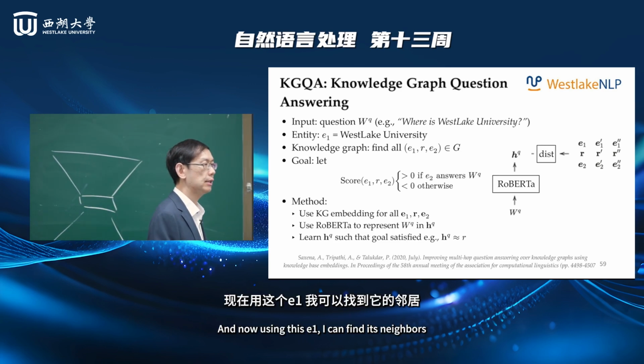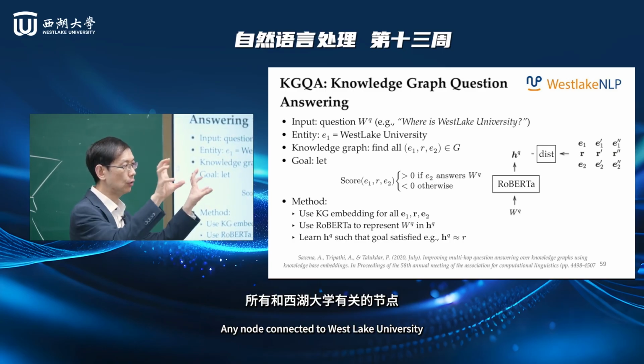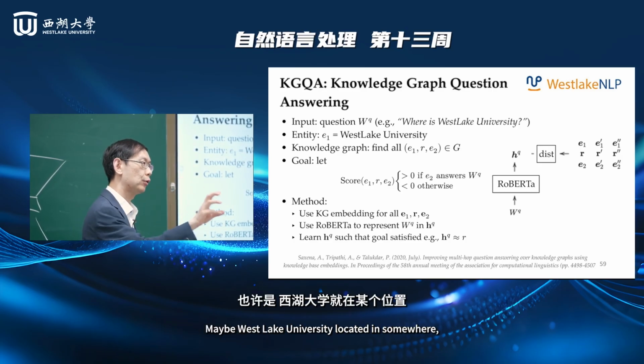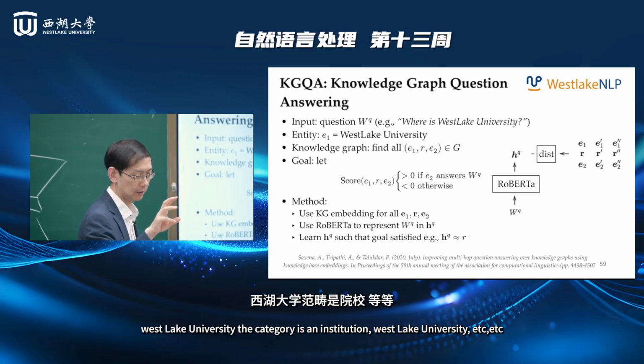And now using this E1, I can find its neighbors. Every node connected to Westlake University. Maybe Westlake University is located in somewhere. Westlake University, the category is an institution.